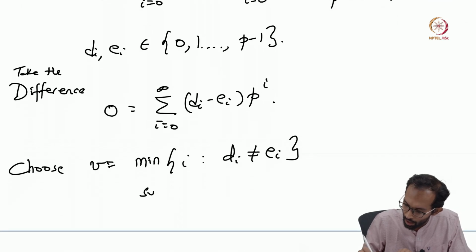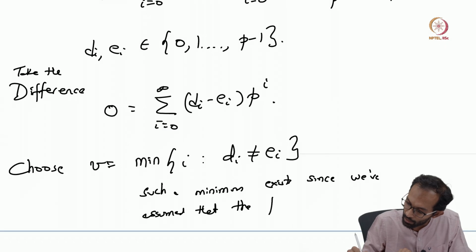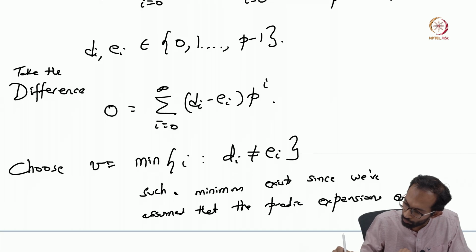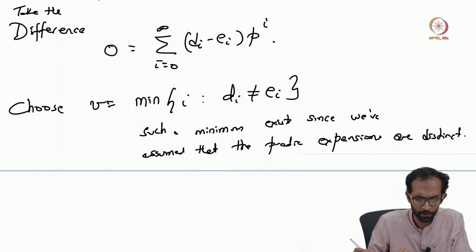Such a minimum exists since we've assumed that the p-adic expansions are distinct. And so let v be this minimum.